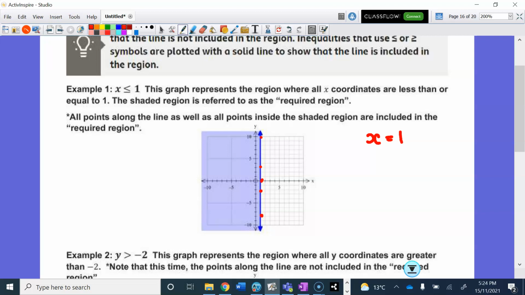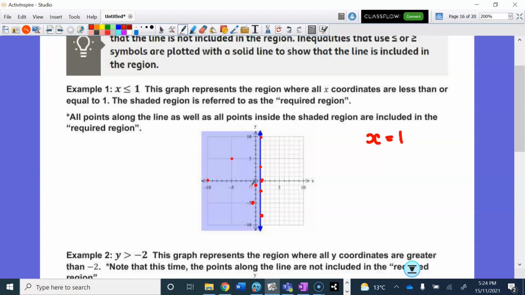And then I want any other point on the graph whose x coordinate is less than 1. So any point that I put over in the left-hand part of the graph, (-5, 5) for example, or (-10, 0), or (-1, -5), or (0, -1). Any of those points on the left of that graph all have x coordinates less than 1.